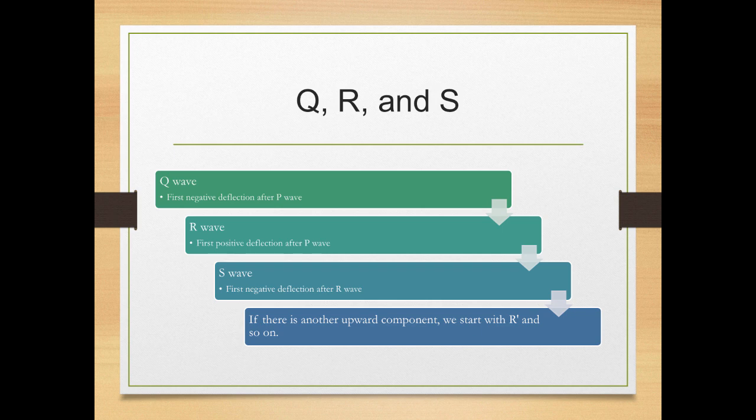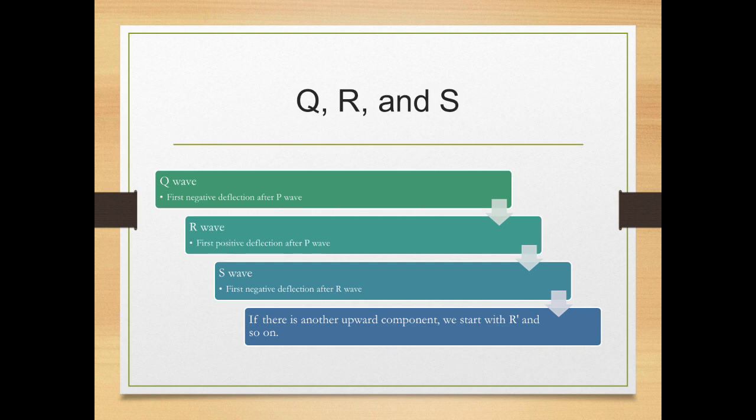Our R wave is the first positive deflection, first upward deflection after a P wave. Our S wave is the first negative deflection after the R wave. So our Q wave, negative deflection after the P wave. S wave, negative deflection after the R wave. Q and S, both negative. Just depends on which wave they follow.